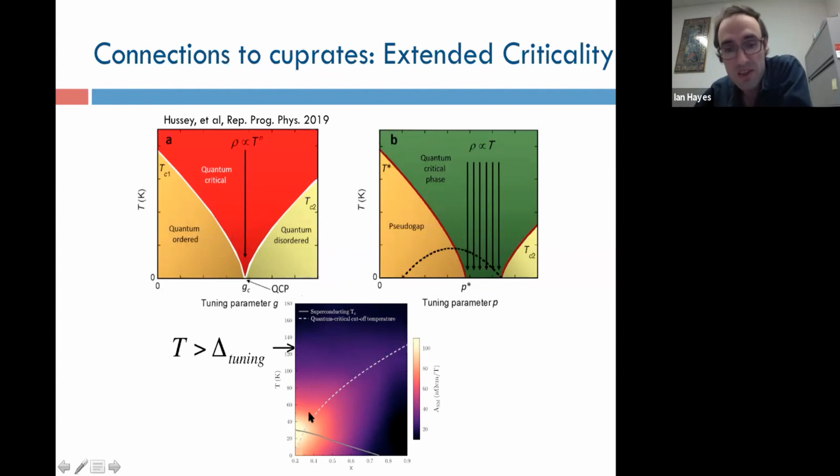So you can see pretty clearly there's some region where it looks like temperature is exceeding some detuning energy and you're getting uniform behavior. And you can cross below that, but that doesn't result in a continuous decrease of the effect down to zero at zero temperature. The effect sustains itself for all superconducting samples. And so it almost makes it seem like in the pnictides, you can see two energy scales.